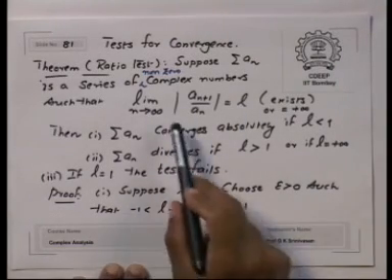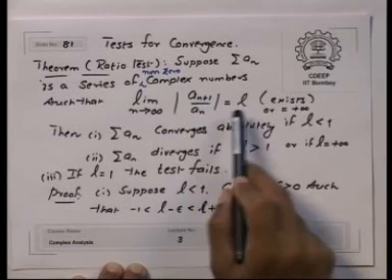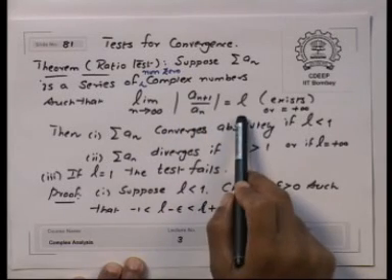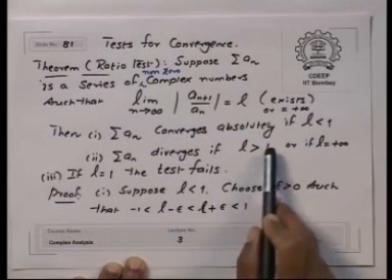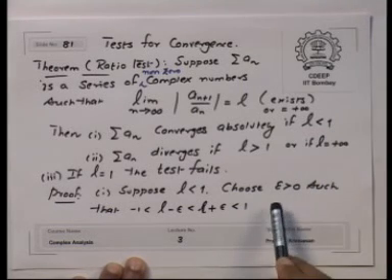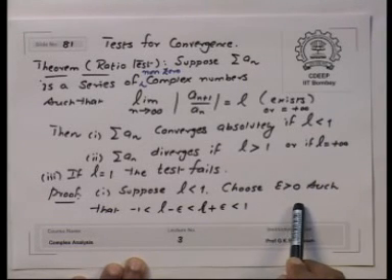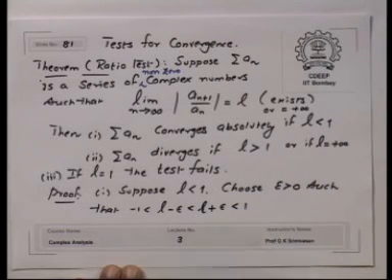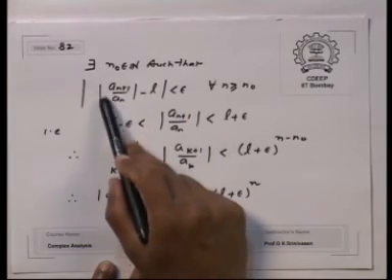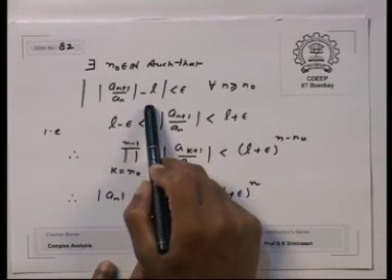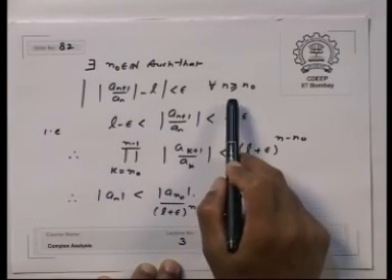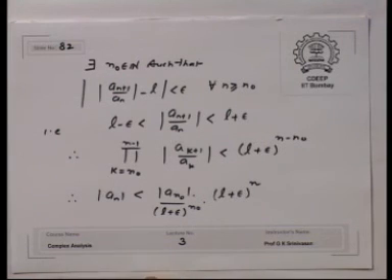I am going to invoke the definition of limit. The limit of something exists and that limit is less than 1 and I picked a certain epsilon greater than 0. For this epsilon there will be a certain n naught. So there exists an n naught such that mod an plus 1 upon an minus L is less than epsilon for all n bigger than or equal to n naught, correct.